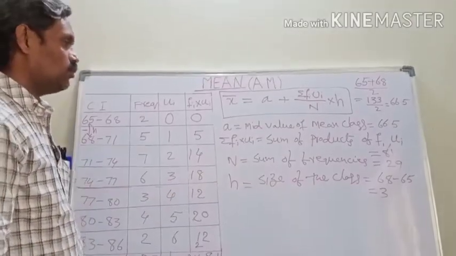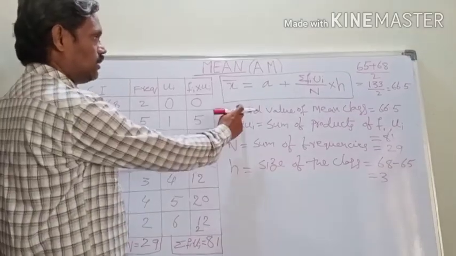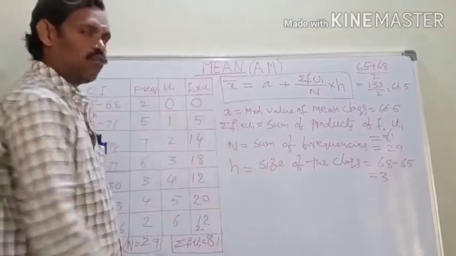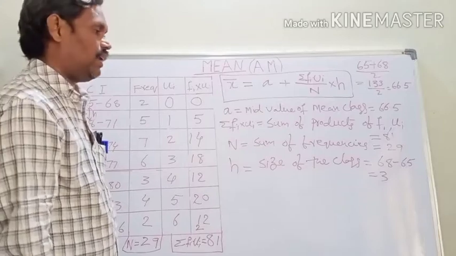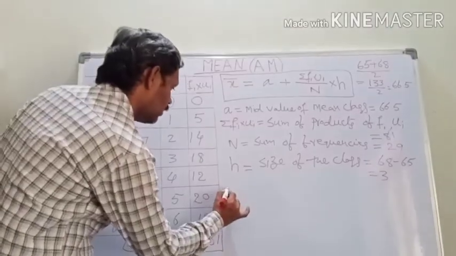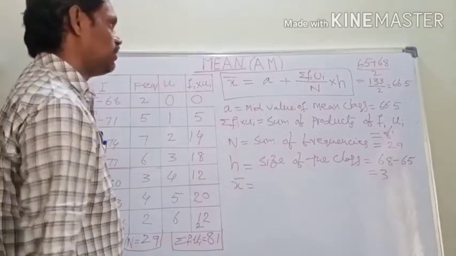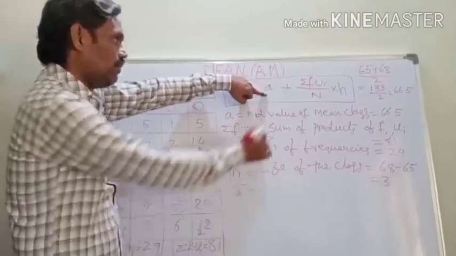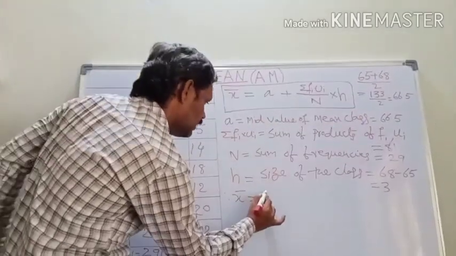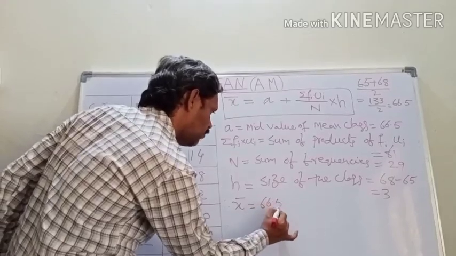Then you substitute all these four values in the formula for getting the final answer. Therefore x bar is equal to, now I am going to substitute here a. What is the value of a? That is 66.5.